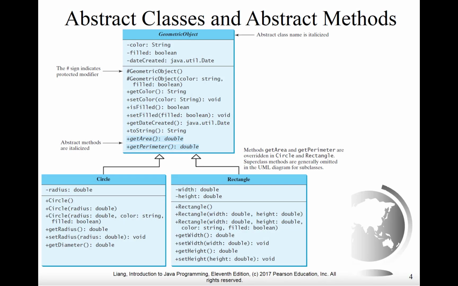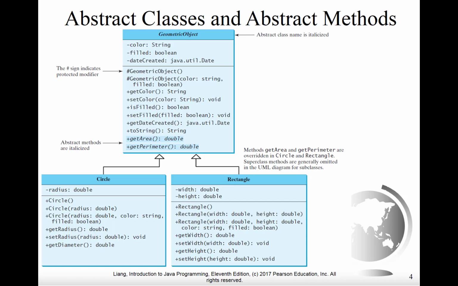We're now going to revisit the UML diagram for our circle and rectangle classes, which you recall inherited from the geometric object class. There are some differences now, though. First of all, you'll notice that in addition to the minus and plus signs in the geometric object to indicate visibility of private and public respectively, now we have a new visibility modifier, the sharp sign or pound sign, and that indicates protected visibility.